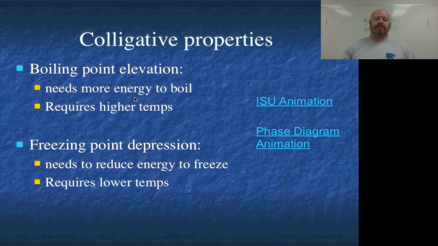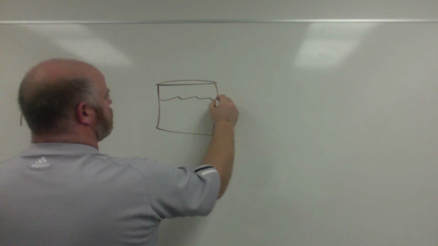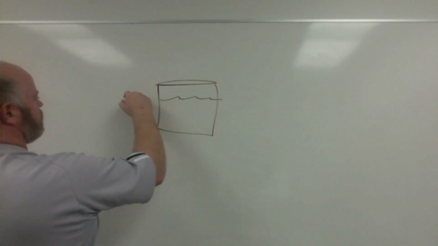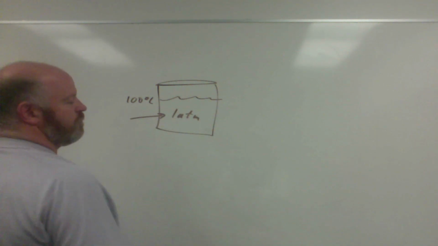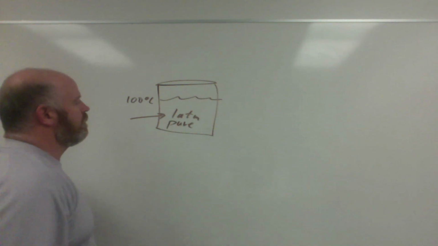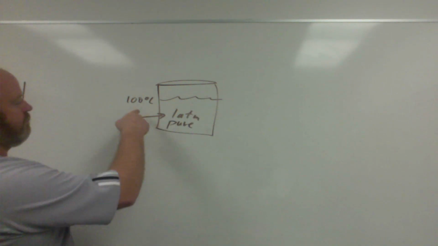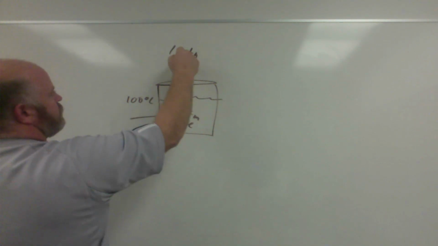If you can imagine a solution at 100 degrees Celsius that has a vapor pressure of 1 atmosphere, if this is pure water, this will boil because at 100 degrees Celsius the atmospheric pressure pushing down is 1.